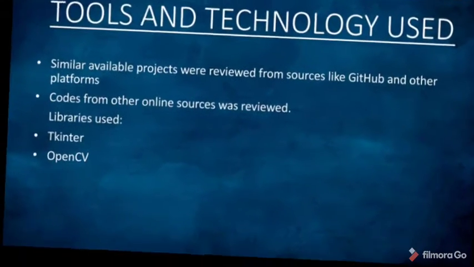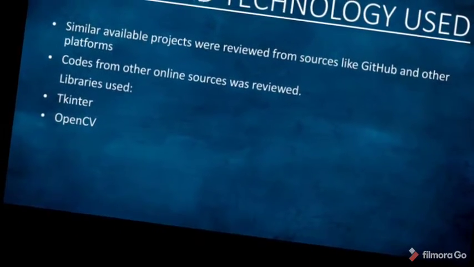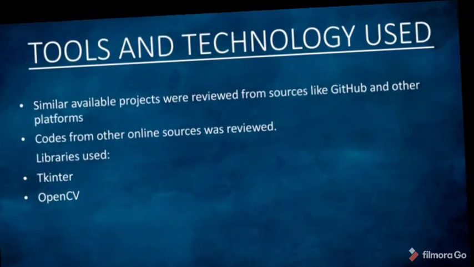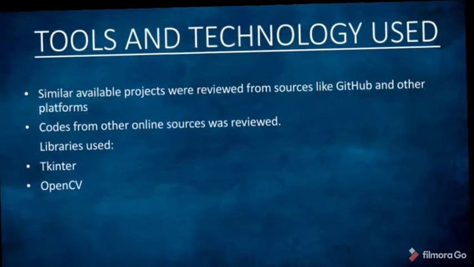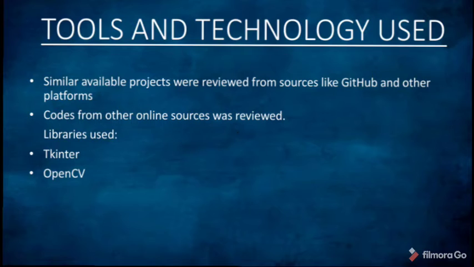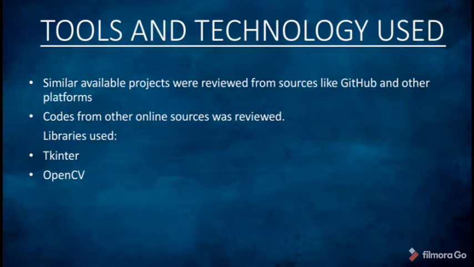Now let's talk about what tools and technology we used. First, we did a lot of research on topics related to AI using Python, and we found many projects related to this. After selecting this project, we worked on a suitable method and searched for better ways to complete it. Here, we use OpenCV and Tkinter as libraries.